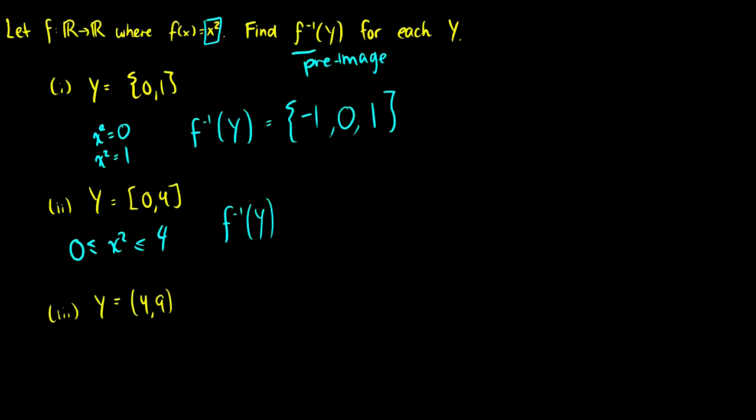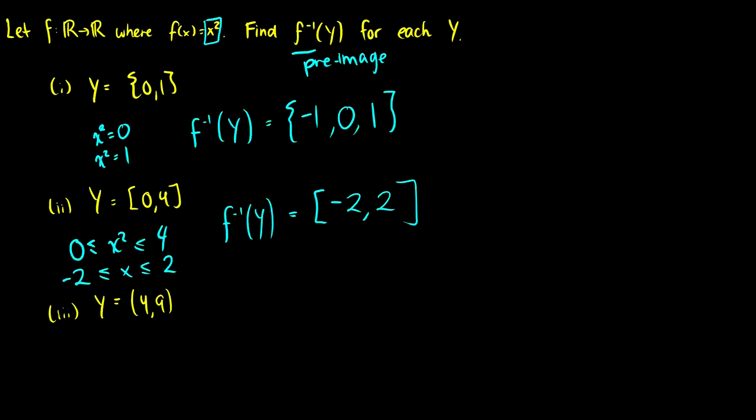So when we take the square root, x is going to be between negative 2 and 2. Because remember, the square root of 4 can be negative 2 or 2, and the square root of 0 is just going to be 0. So x can be in this whole interval here. So our pre-image of y is going to be negative 2 to 2 inclusive.